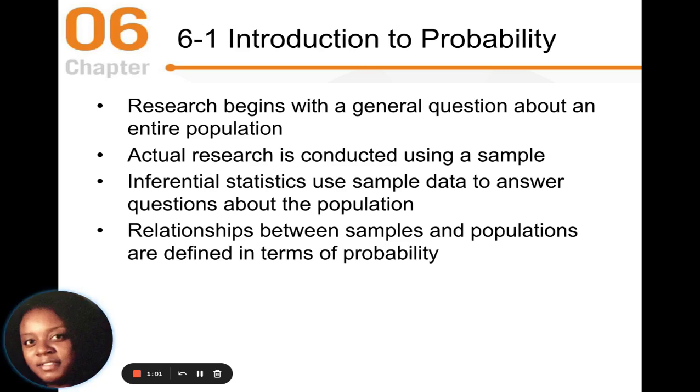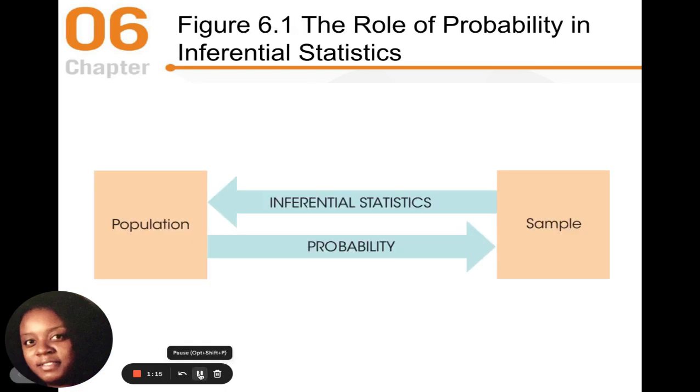Relationships between the samples and population are defined in terms of probability. So how likely does this sample represent the population as a whole? So we've got our inferential statistics that tell us about the population and our sample that gives us probability.